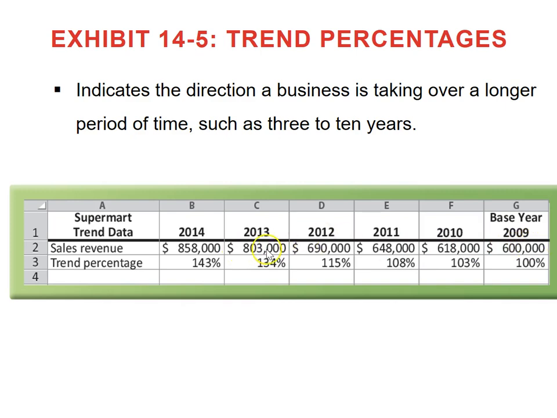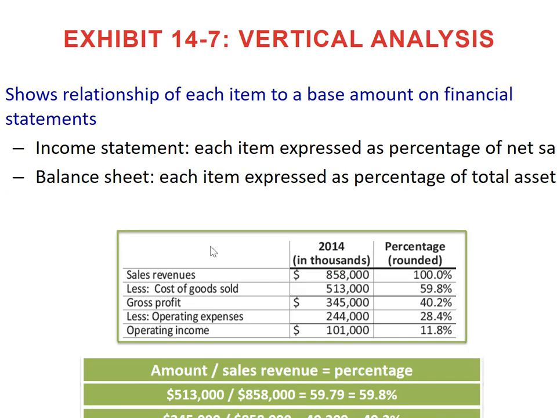So if you divide 803,000 over 600,000, you will find the percentage change, 134%. So if you consider 2009 as 100%, then 2013's number is actually 134%. In another word, you can say in 2013 your sales revenue actually increased 34% compared to 2009's number. So this is how you could do your trend analysis.